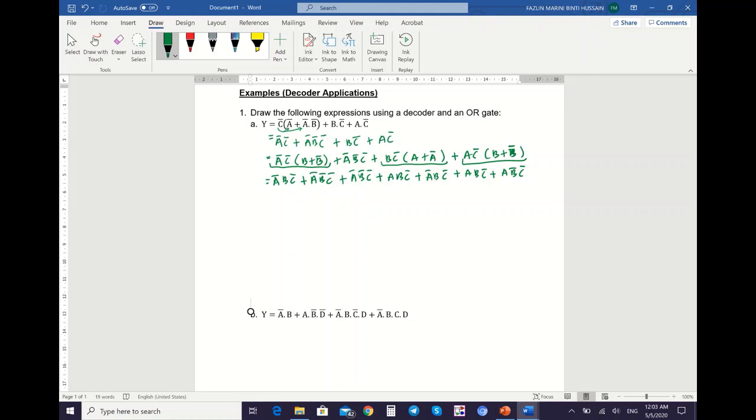Because sometimes maybe you write the product term or the variable incorrectly. Maybe you misplaced the bar, or you forgot to put the bar, something like that. So you just need to be careful. Right, so we're done with the expanding.